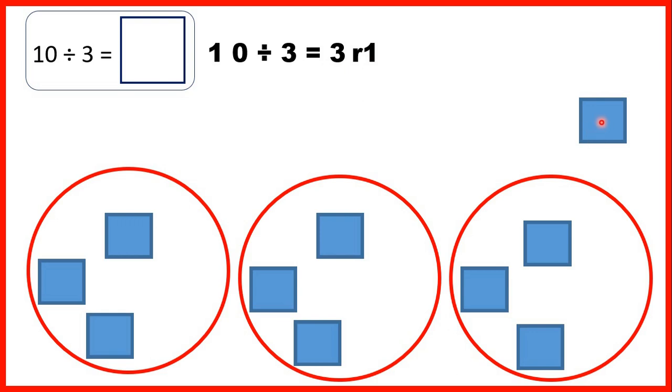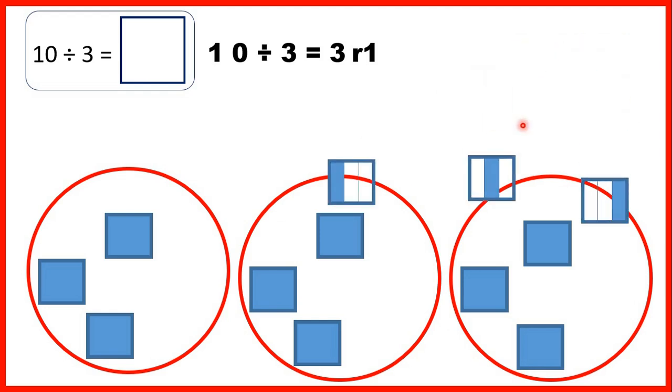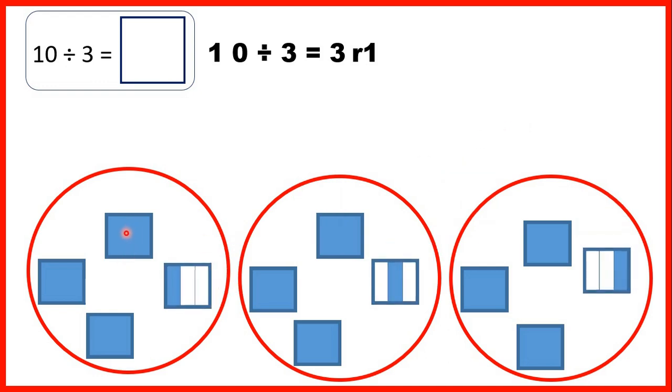And you might have been taught that we can't share it out because we can't have unequal groups when we're dividing. But what we can do is turn this 1 whole block into thirds, and we can see that 1 whole is the same as 3/3. But now that we've changed 1 whole into thirds, we can share out those thirds. So we have 3 wholes and 1/3 of a block in each group. So that's why our answer is 3 1/3.